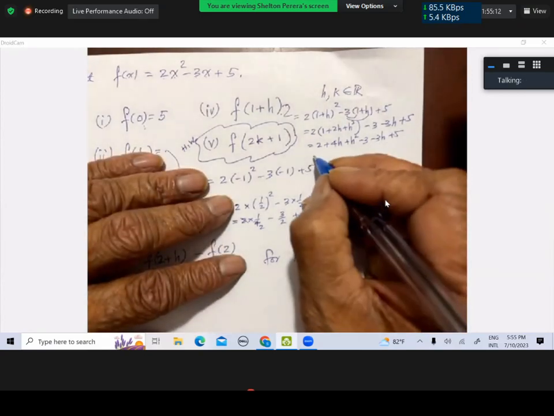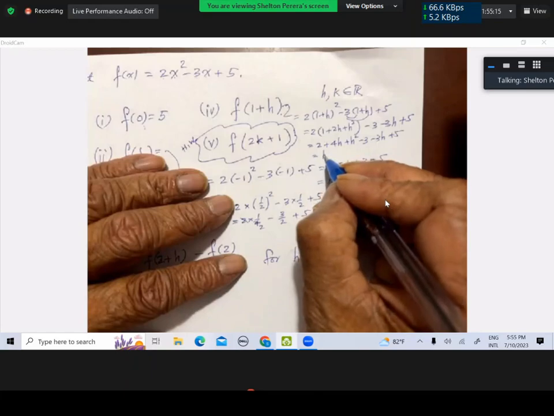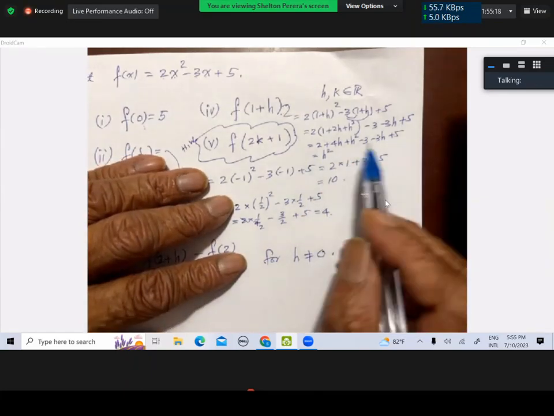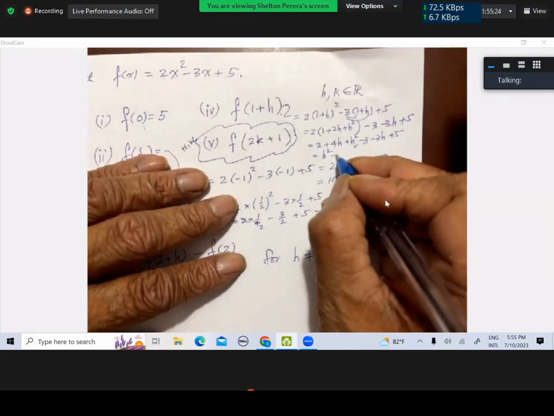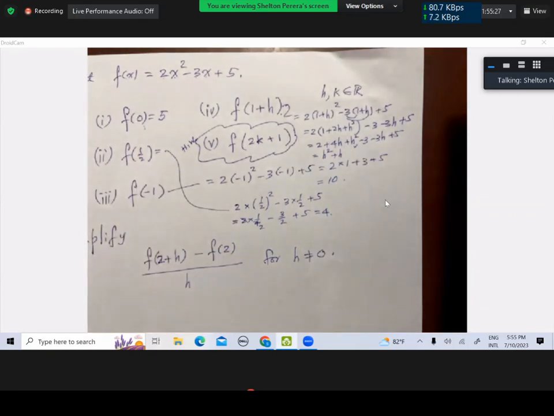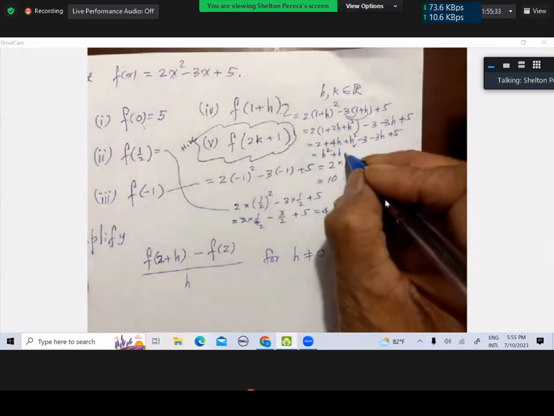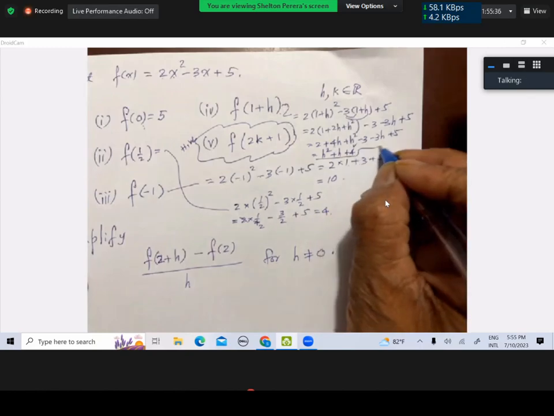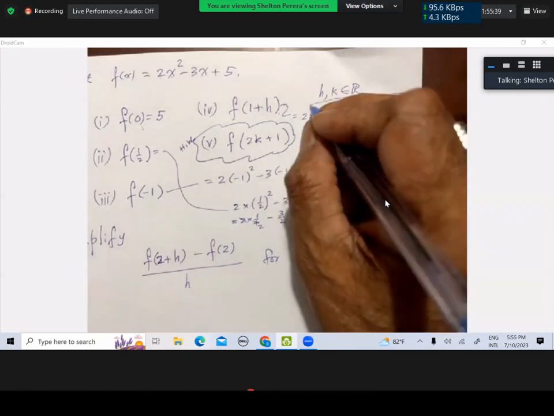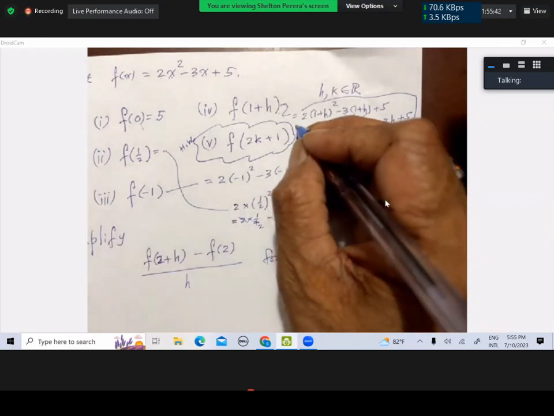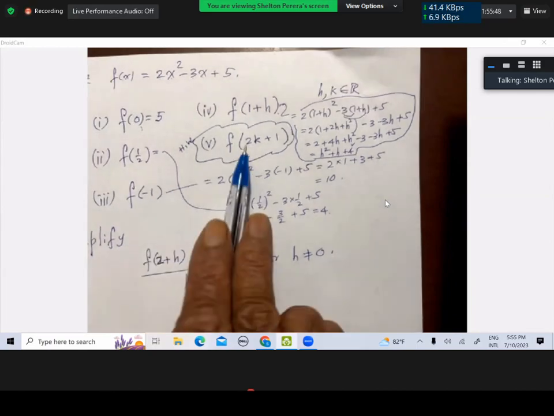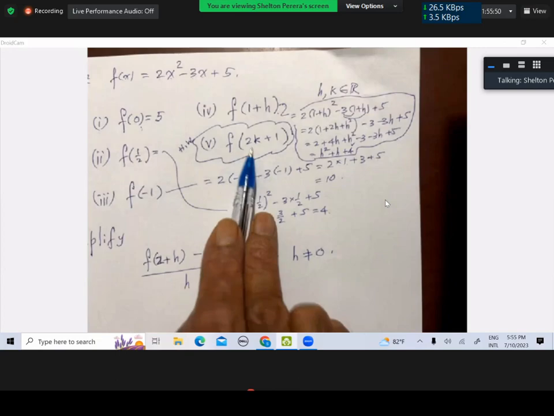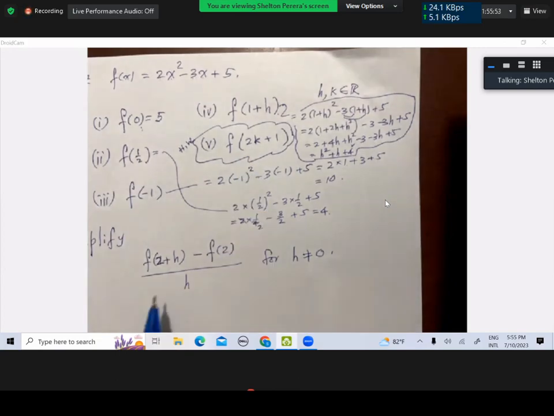So h squared, only one h squared term. This 4h minus 3h plus h. Just to sharpen your computational skills. Do this also as a homework.